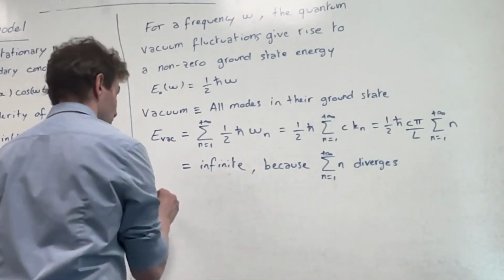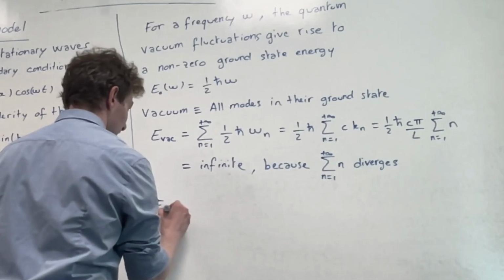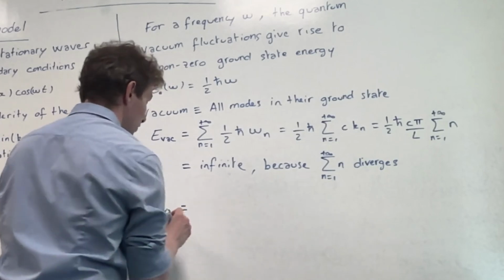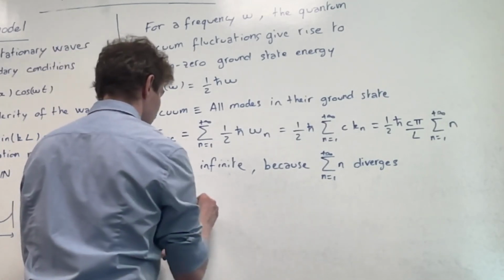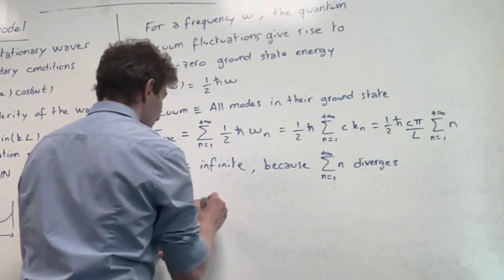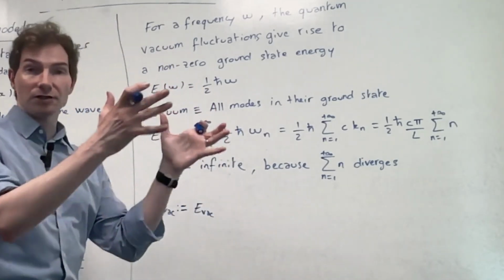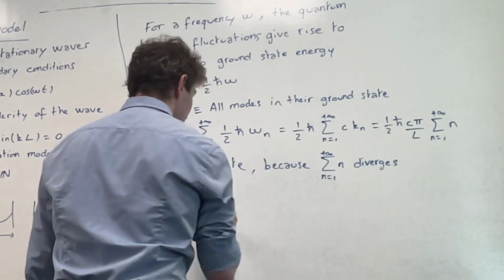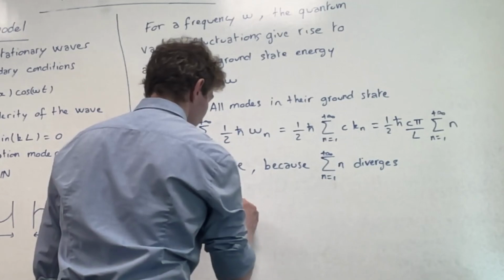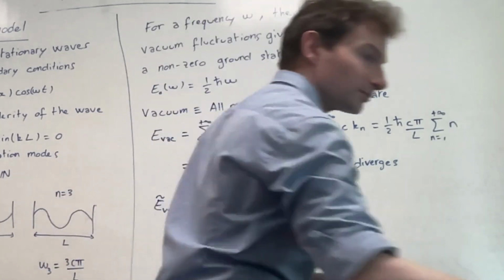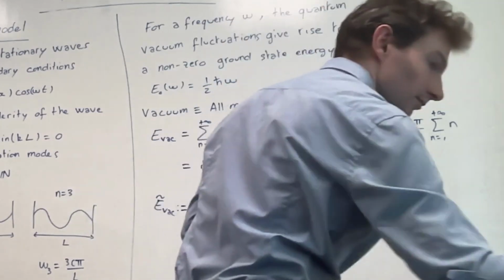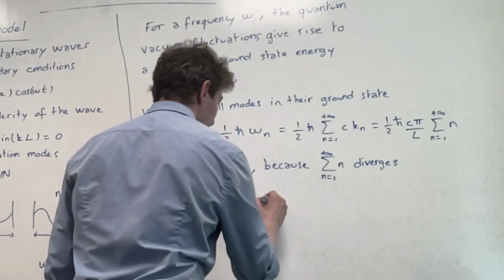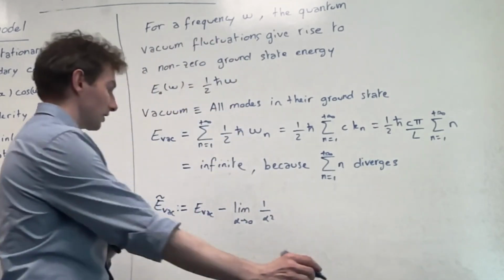So what we do is we define E vac tilde, which is equal by definition to the vacuum energy at the distance L between the different plates, and then minus the limit when alpha tends to 0 of 1 over alpha squared.